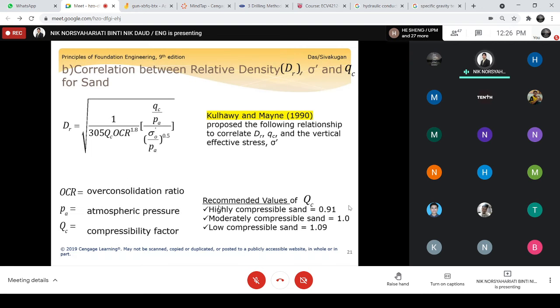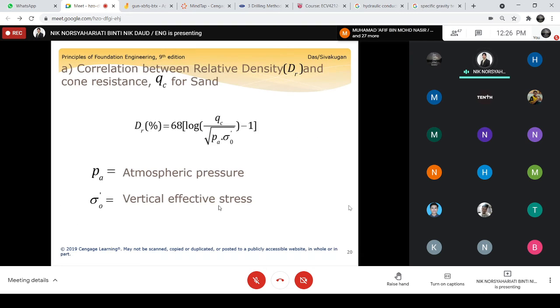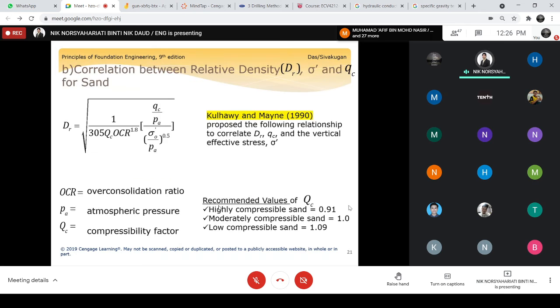That one is the previous, common equation. Then we have the Kulhawy and Mayne equation also to find the relative density, which uses the vertical effective stress value.